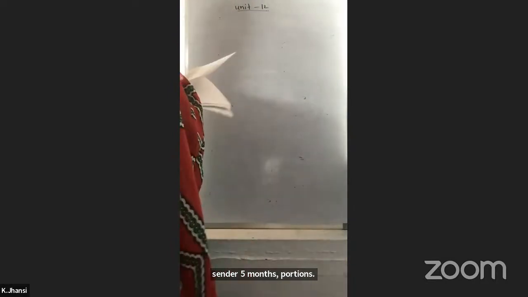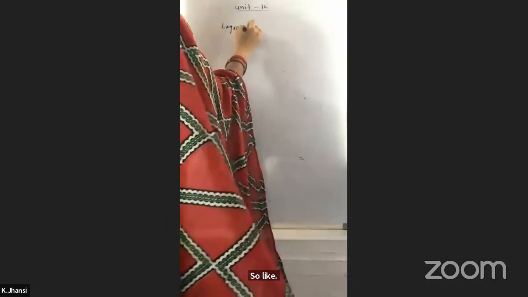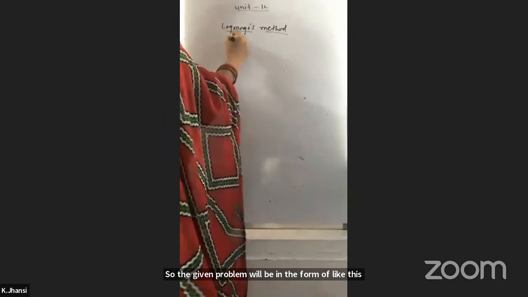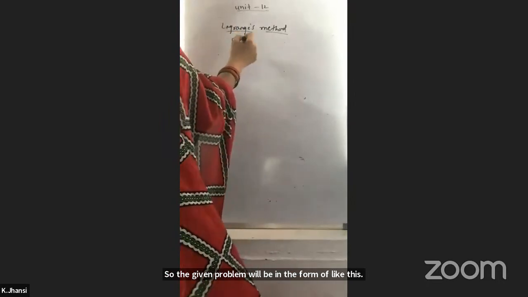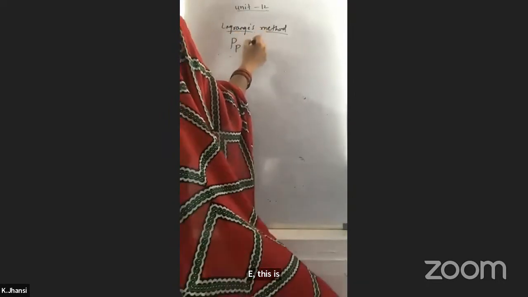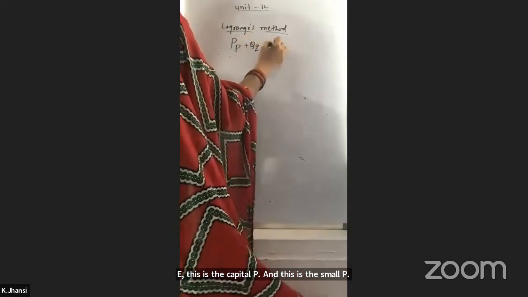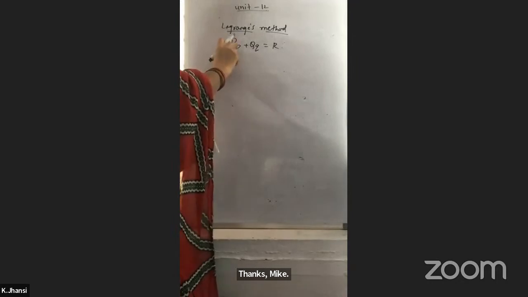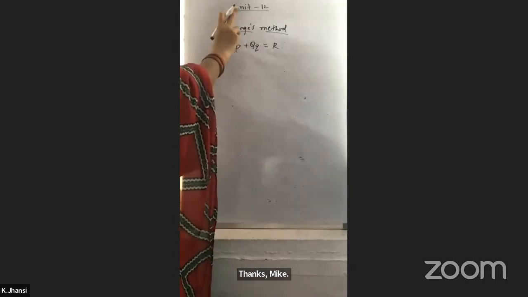So Lagrange's method means the given problem will be in the form of like this: capital P into small p plus capital Q into small q equals R. Okay, so whenever it is in this form, the given problem is in Lagrange's method.